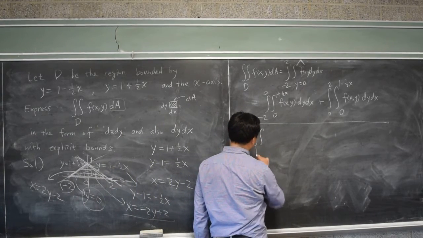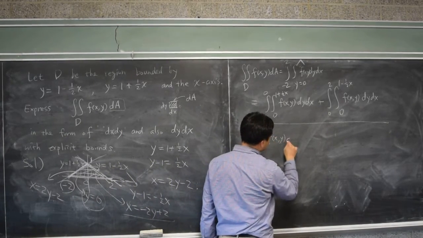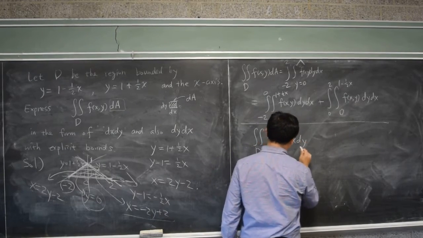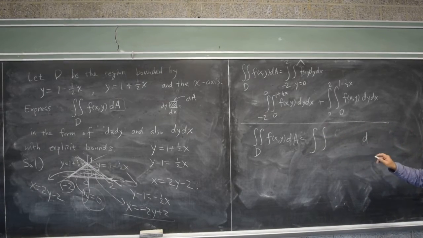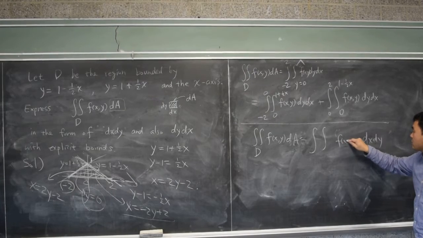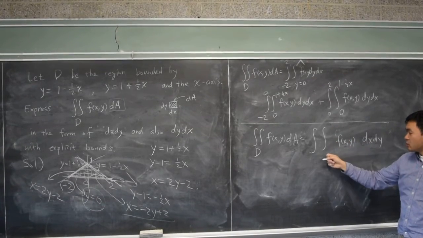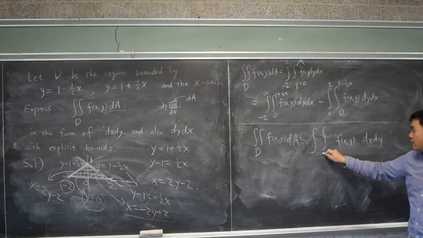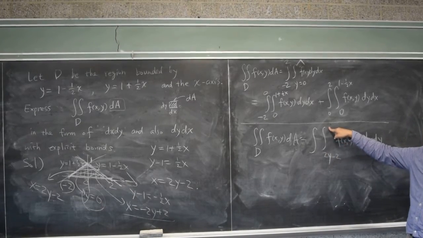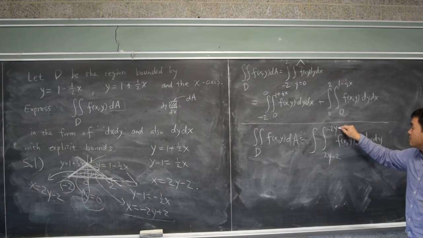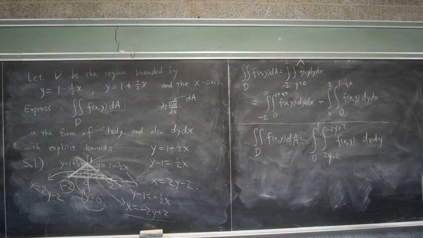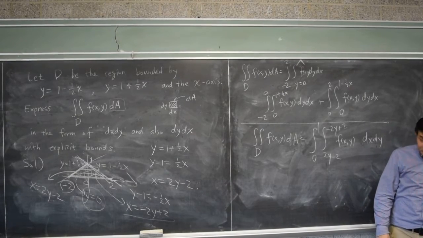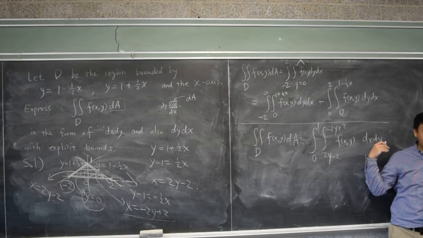Therefore, the integral of f(x, y) dA, expressed in terms of dx dy, goes from x equals 2y minus 2 to x equals negative 2y plus 2, and y goes from 0 to 1.